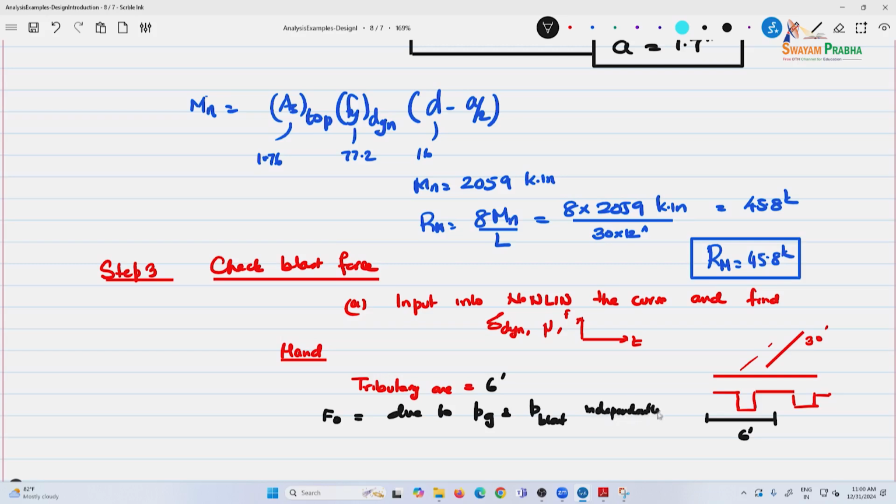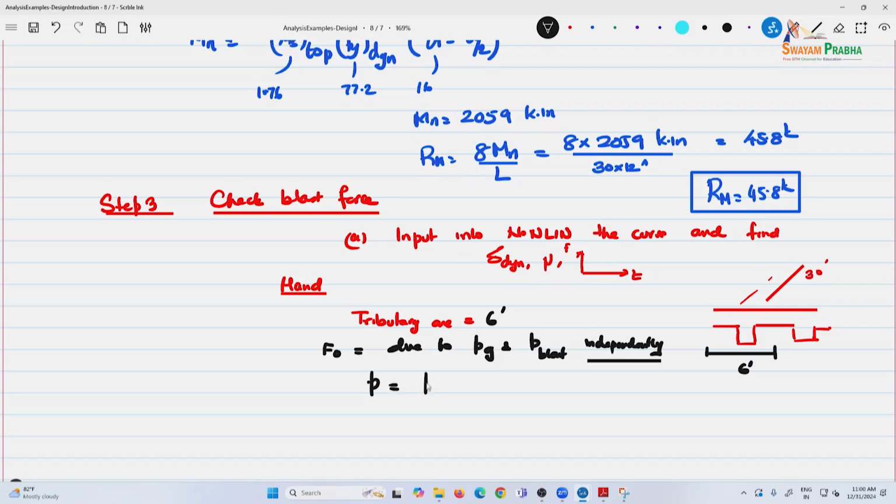They both occur at the same time. Although I have plotted them in the same graph, they are occurring independently at the same time. So the total P is Pr plus Pg. The duration of the blast is 2.2 milliseconds.